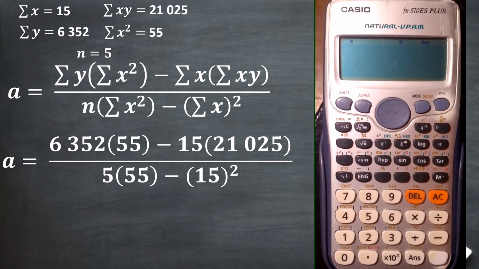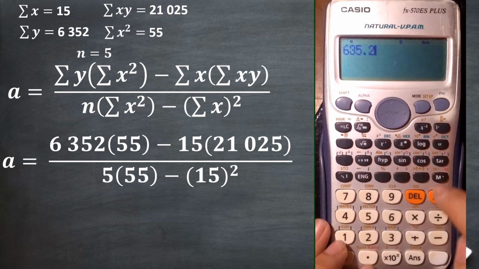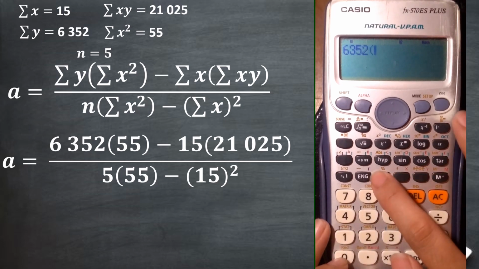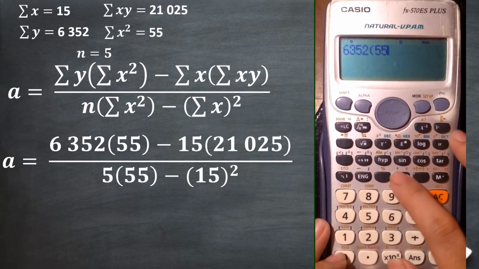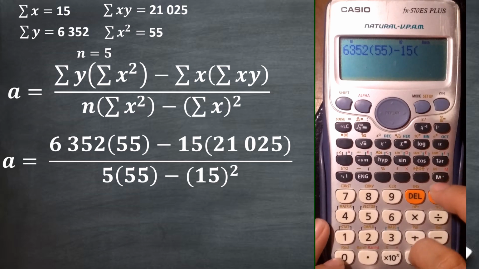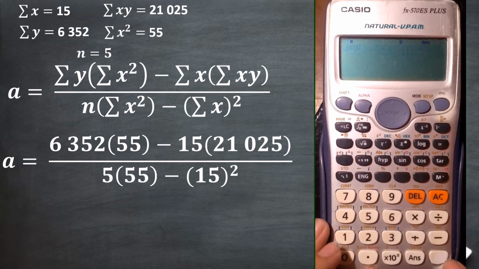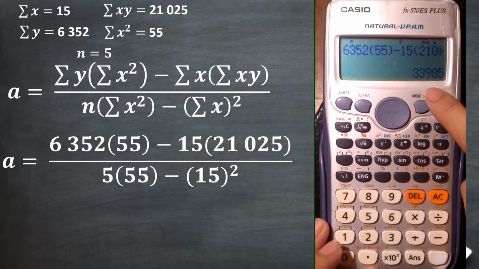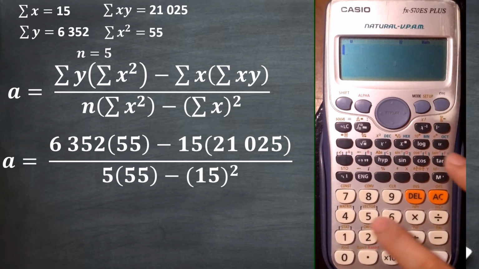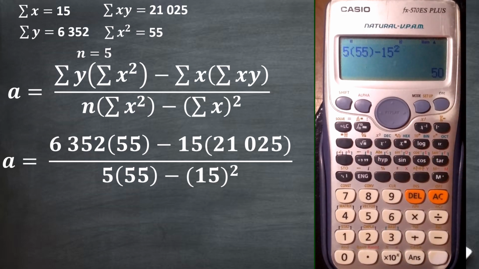For the values of A in the numerator, we have 6,352 multiplied by 55 minus 15 multiplied by 21,025. Then close. This is the value for your numerator, 33,985. And then for the denominator, we have 5 times 55 minus 15 squared, and the answer is 50.